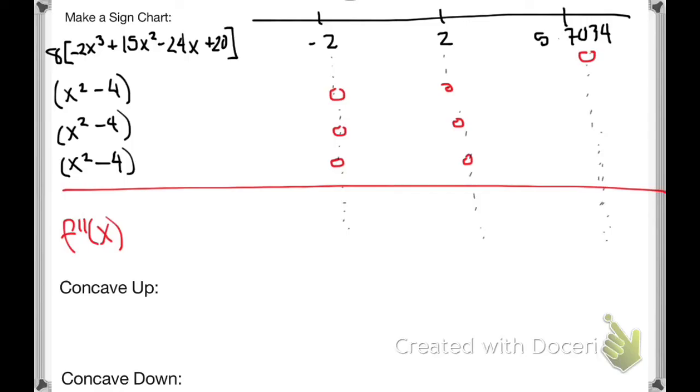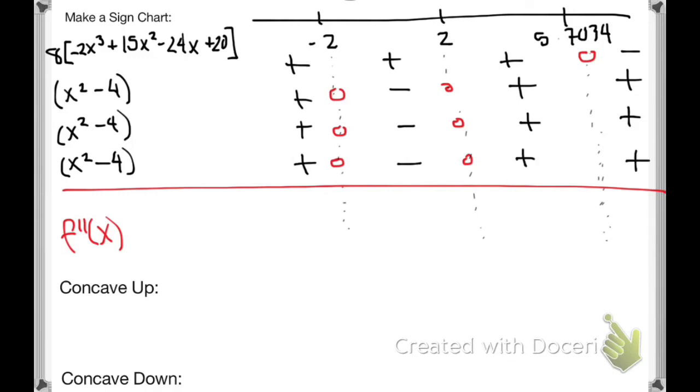Now once I've done this, I'm going to fill in my sign chart corresponding to positive values and negative values between my intervals. And I'm going to see what they end up looking like in my second derivative.